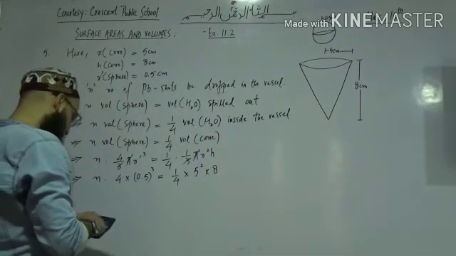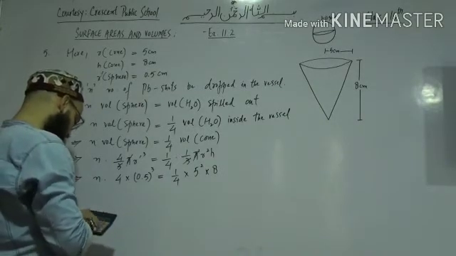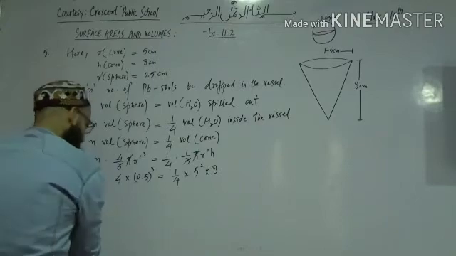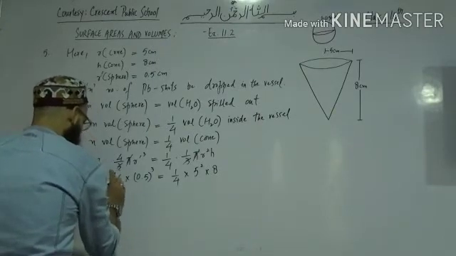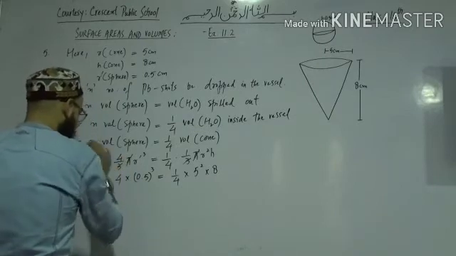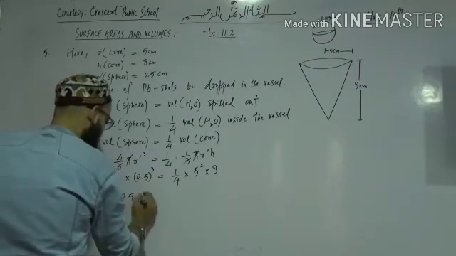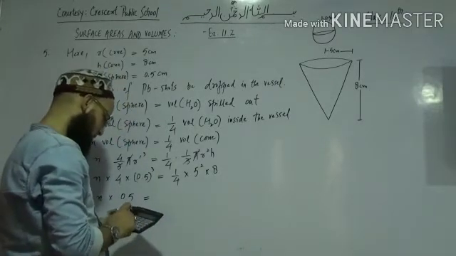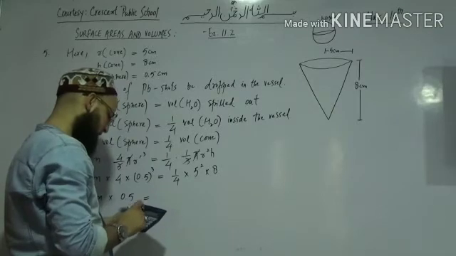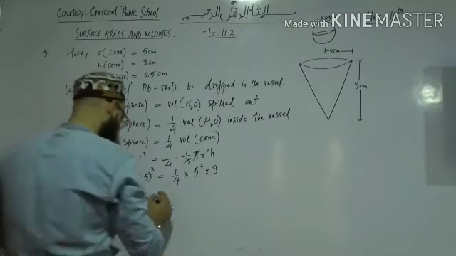You have 4 times 0.5 times 0.5 times 0.5, it's 0.5. So n times 0.5 is equal to, now let me solve this, 25 times 8 times 1/4, it's 50.